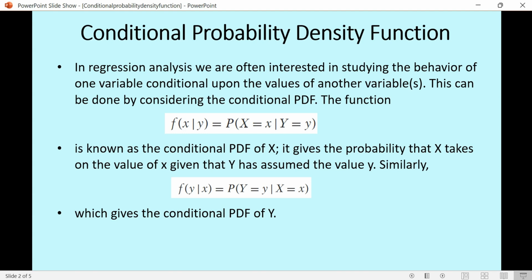This is called the conditional probability density function, i.e. the PDF of X given Y. And similarly, f(y given x) equals the probability of Y equals specific value y when X equals specific value x. So this is called the conditional probability of Y given X.